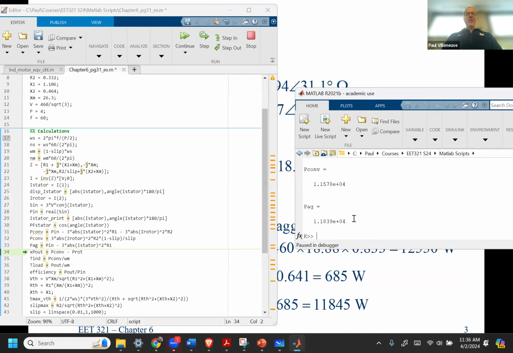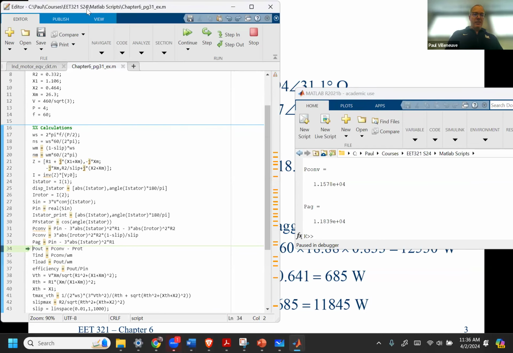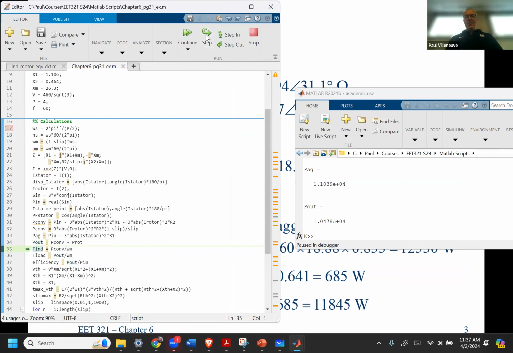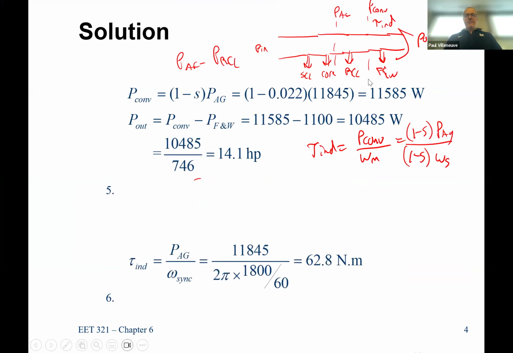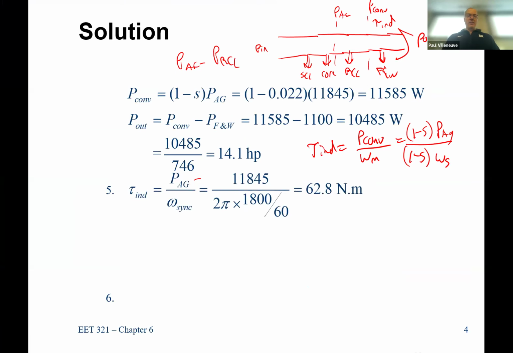So 11,839, again, off by about 6 watts. Let me undo this because I hit a button by mistake. All right, keep going. My output power is 10,478. Again, off by 7, not too far away.